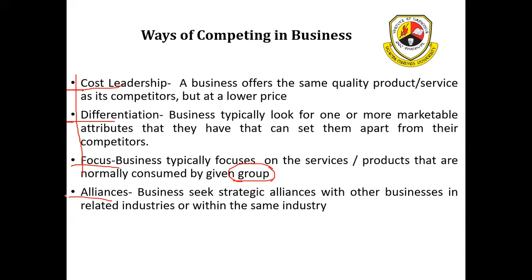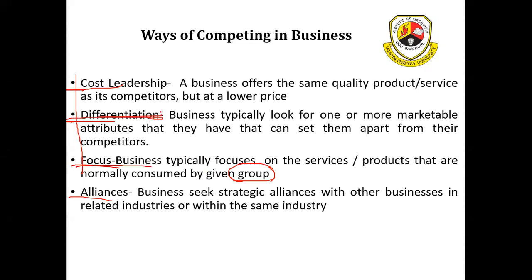The third is alliances. This is where businesses decide to liaise with others within the same industry or in a related industry to gain a competitive advantage. Now, again, one may ask, how is ICT related to this? ICT can support in any of these areas. For example, in extreme segmentation, ICT can get you the information on where to target your advert.